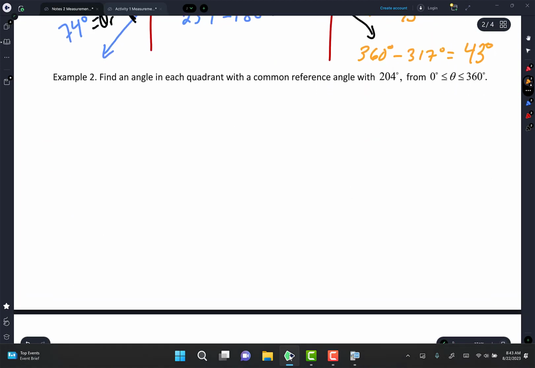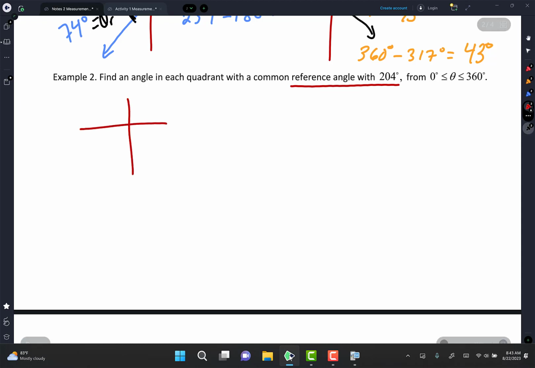All right. Example 2. And we're going to go slow. Don't worry. Find an angle in each quadrant with a common reference angle with 204 degrees. So what it's telling me to do first is find the reference angle when I'm at 204 degrees. And then from there, I'm going to find a reference angle in each quadrant. So 204 degrees, what quadrant are you in?